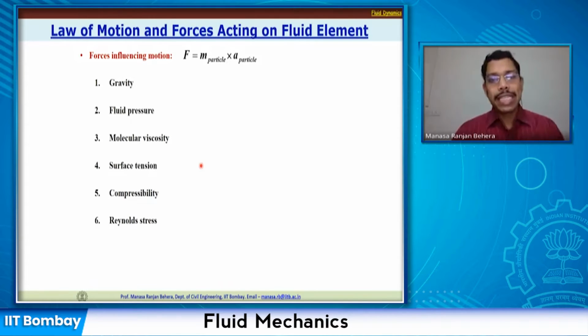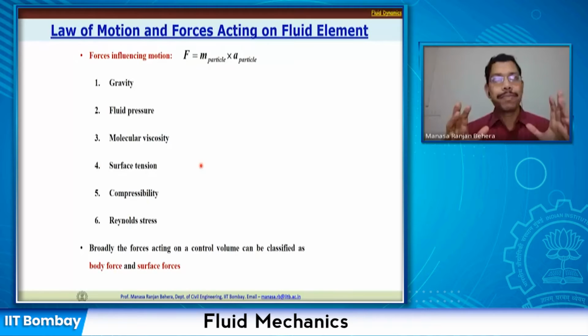So all these 6 different forces can be broadly classified into 2 categories. We can take it as body force or we can take it as a surface force. Those which are within the body, we can take as body force. If something is acting on the surface, we call it a surface force.